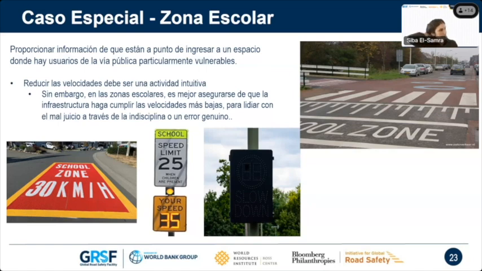Another special case, and Alina had hinted on those a little bit at the beginning, are school zones. So this is one of the areas where traffic calming would be most impactful, most needed. But in addition to the typical traffic calming infrastructure tools, it is important to rely on signage and marking that you are entering a school zone, because any mistake here can be really costly, because there are small children that can be easily missed by a driver or have an unexpected movement on the road.